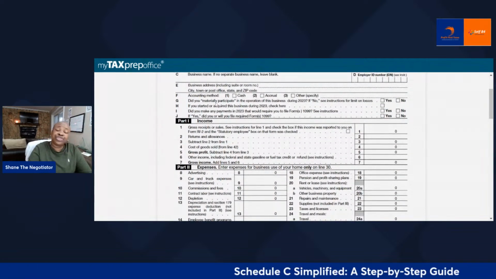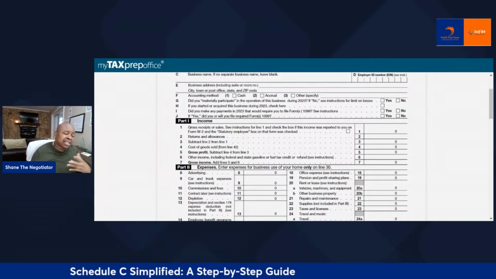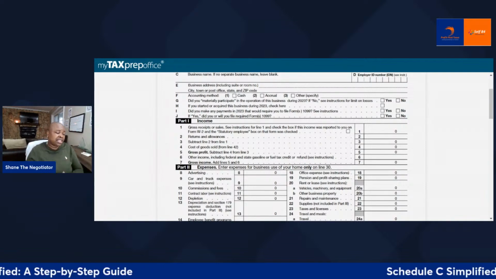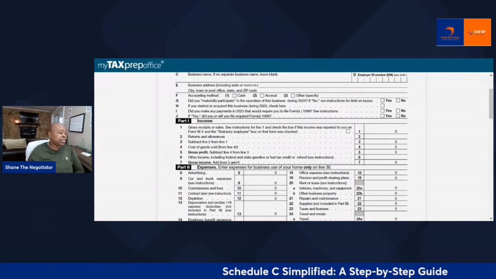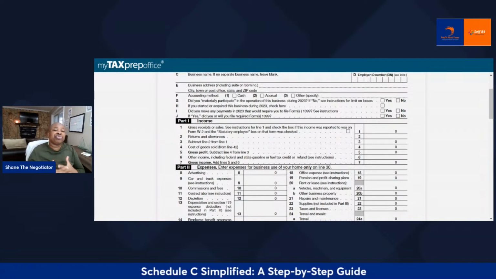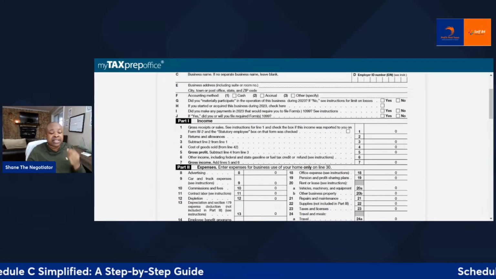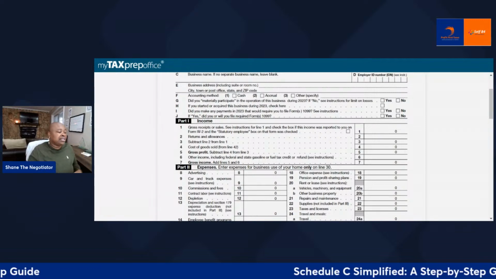So F, you have to choose your accounting method. It's either going to be cash, accrual, or other. It's usually not going to be other if you're filing it. It's either cash or accrual. I've explained in previous slides what cash versus accrual mean. Cash pretty much means people paying you your cash money, and you're reporting it as you got that money. So if they paid you, it's reported at that particular time.